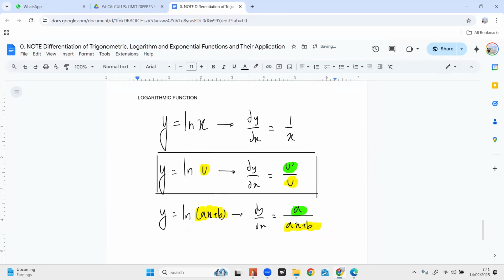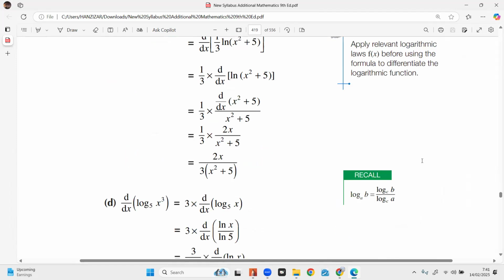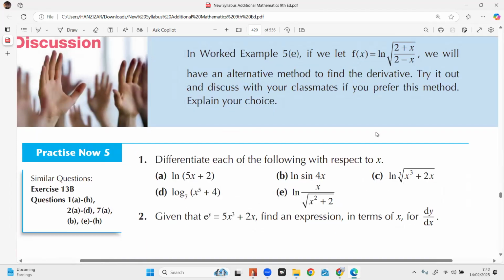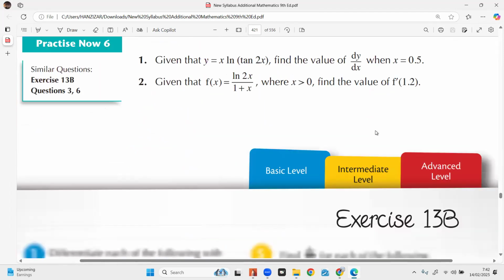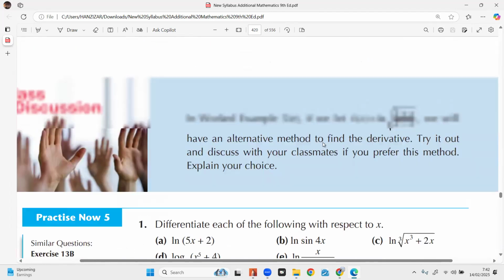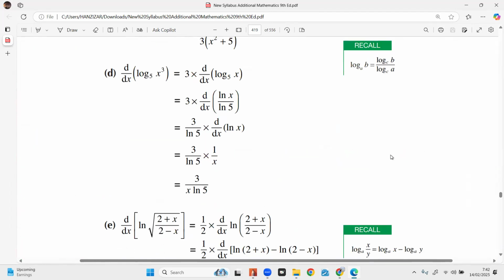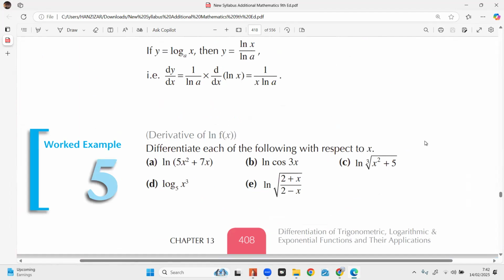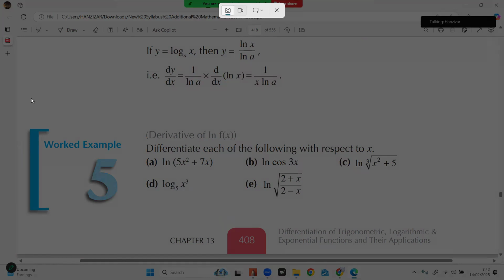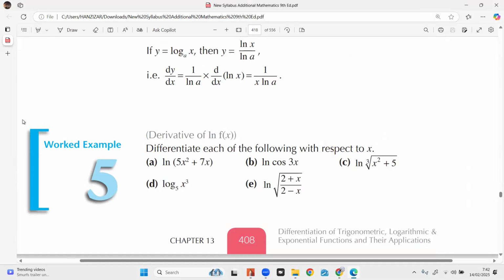So let's do the questions. I think we only have two types or two parts. Oh, three. Okay. Try to finish all of this topic. So let's do worked example 5, the derivative of log functions.